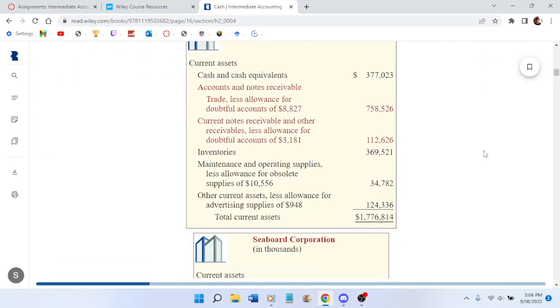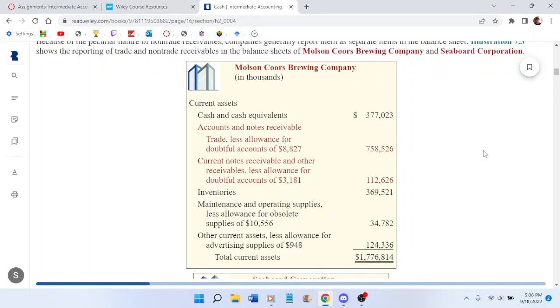Well, here, simple stuff. No, it's not. Current assets. Cash and cash equivalents.